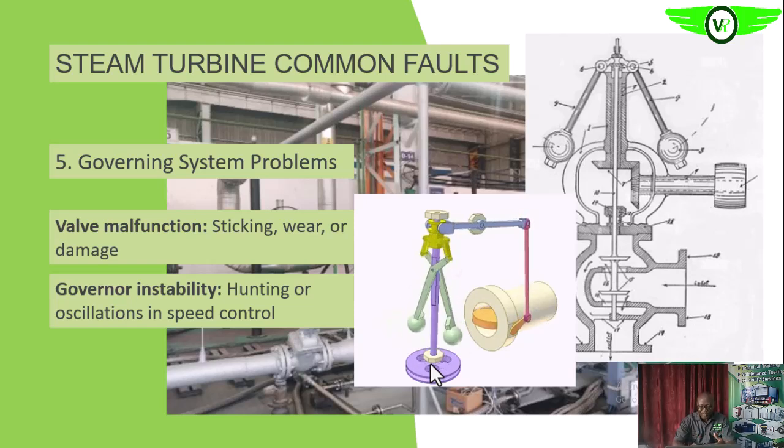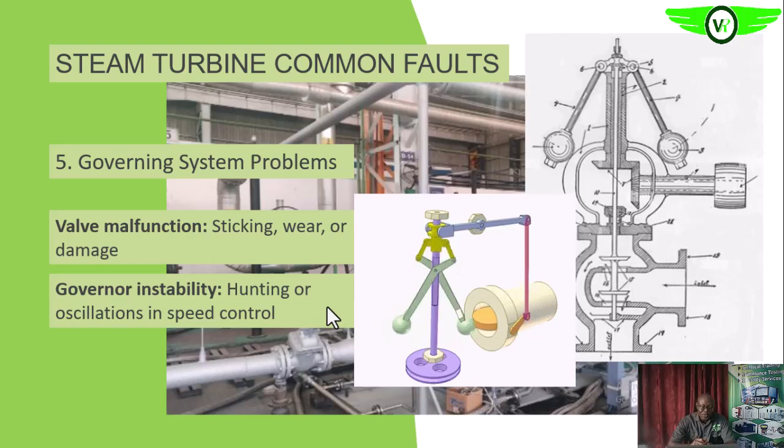And what can result in this hunting? The fluctuating steam pressure too can also cause hunting, or variation in the speed of the steam turbine, because of variation in the control or instability of the governor itself.